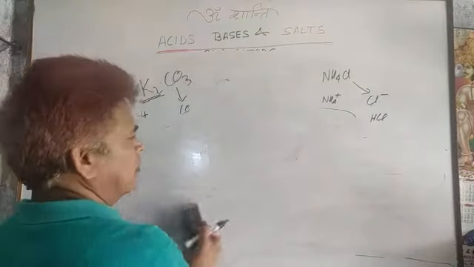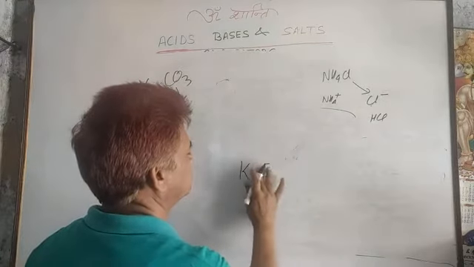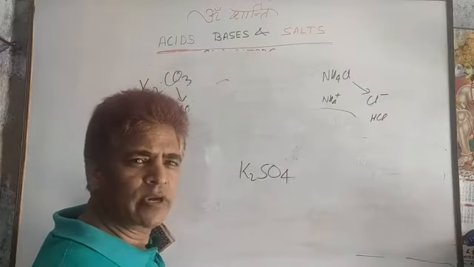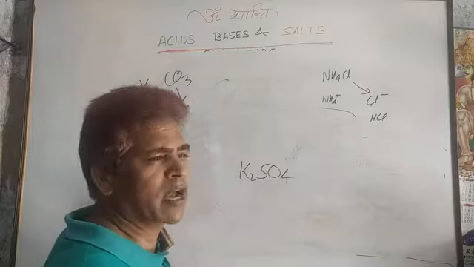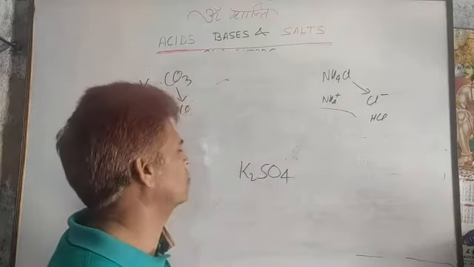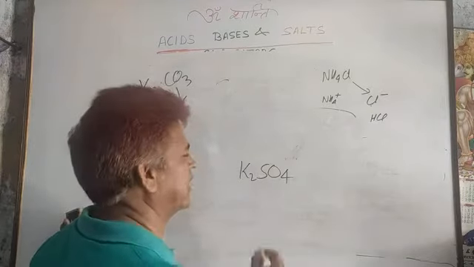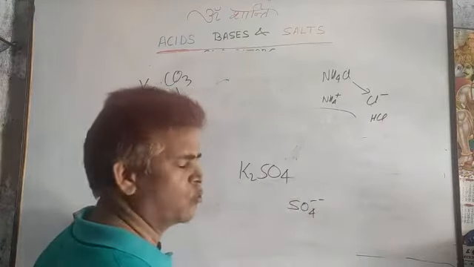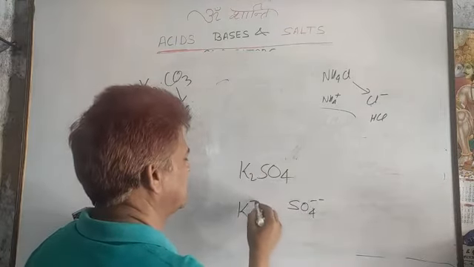You take one more example, suppose potassium sulphate. If anyone asks whether this salt comes under acidic, basic or normal salt, first of all you find the acid radical and basic radical. Here the acid radical is sulphate, SO4 2 minus, and the basic radical is potassium.